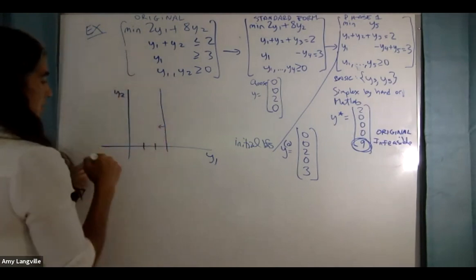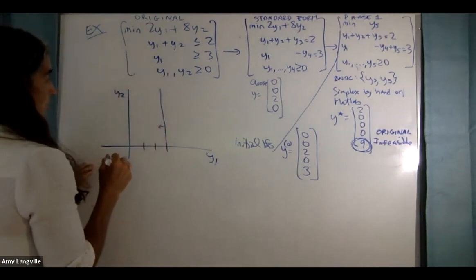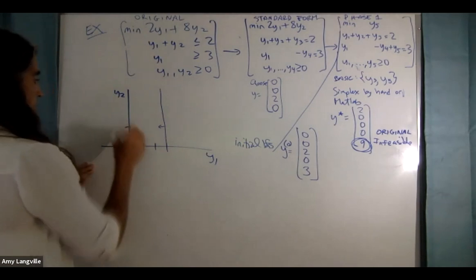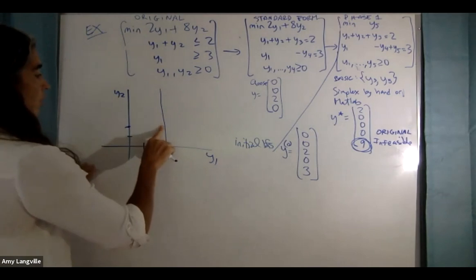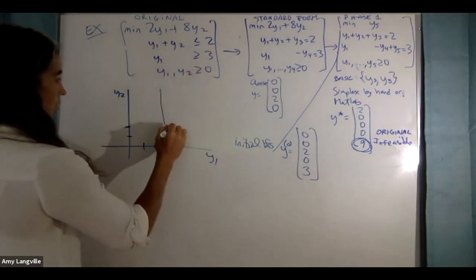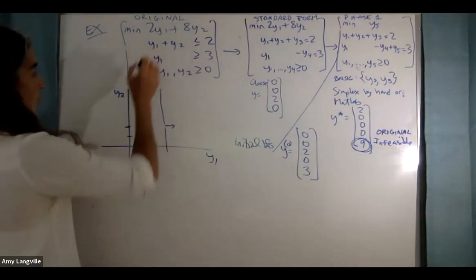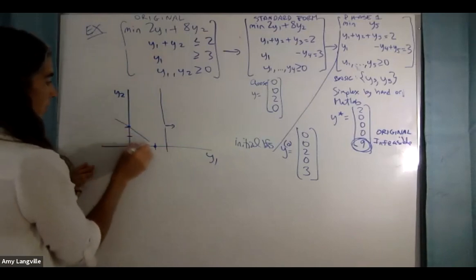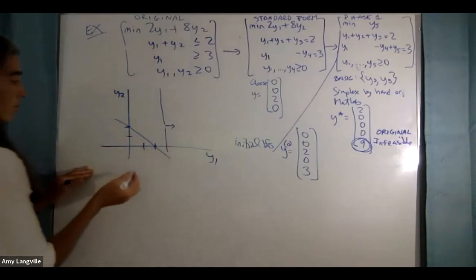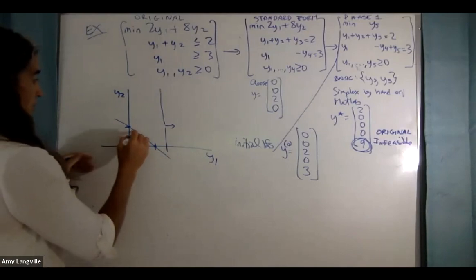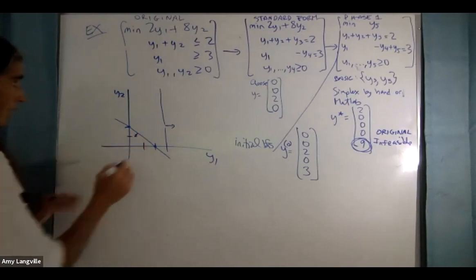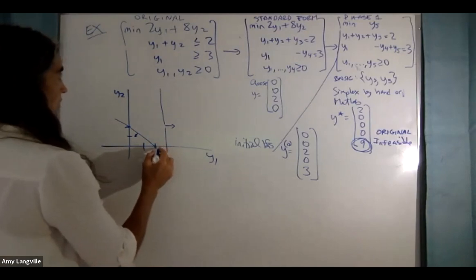The first constraint satisfied as an equality goes through intercepts of 2 and 2, greater than or equal on this one, this way. And here's the line y1 plus y2 equals 2, less than or equal. 0, 0 is on this side and satisfies it, so I'd shade this way. And then y1 and y2 greater than or equal to 0.